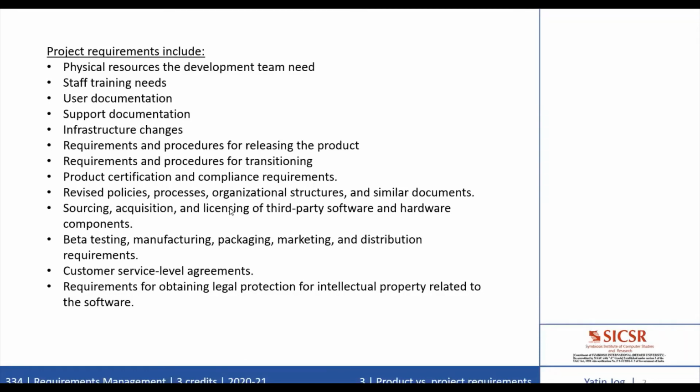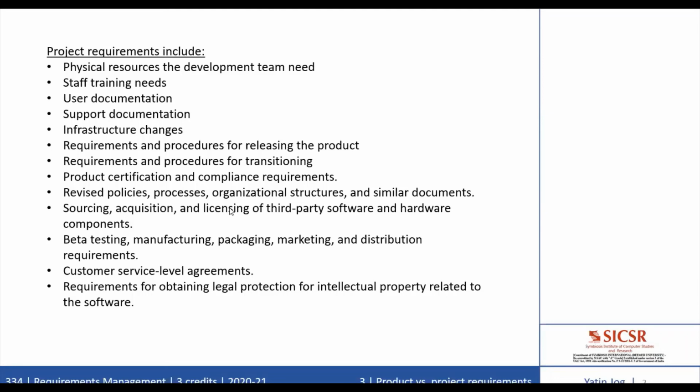Then revised policies, processes, organizational structures, and similar documents. Also sourcing, acquisition, and licensing of third-party software and hardware components. It also consists of beta testing, manufacturing details, packaging details, marketing details, distribution requirements, and similar information. And lastly, customer service level agreements, SLAs.